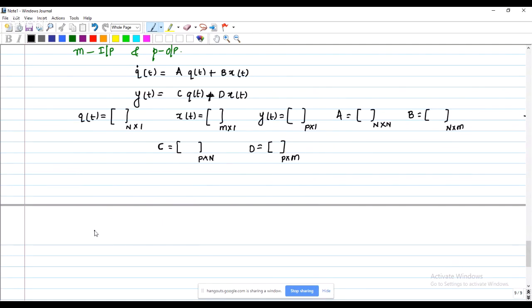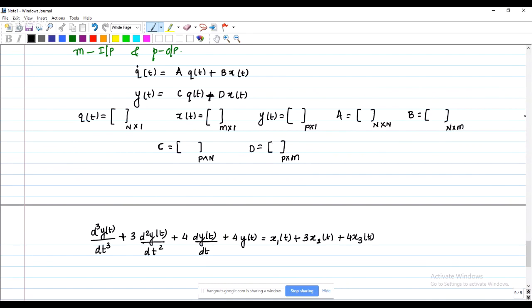The differential equation is given as d cube y of t by dt cube plus 3 d square y of t by dt square plus 4 dy of t by dt plus 4 y of t equal to x1 of t plus 3 x2 of t plus 4 x3 of t.